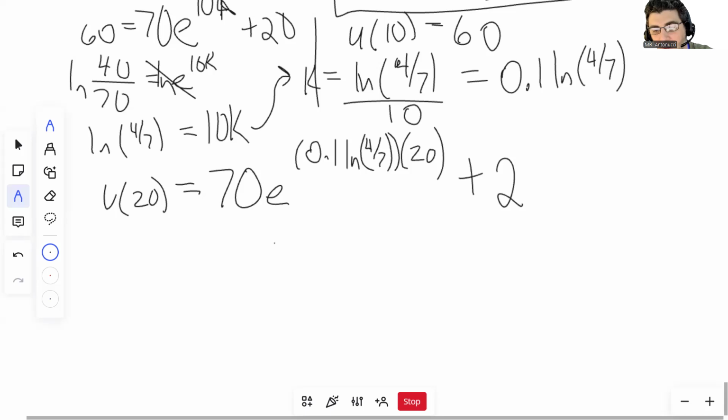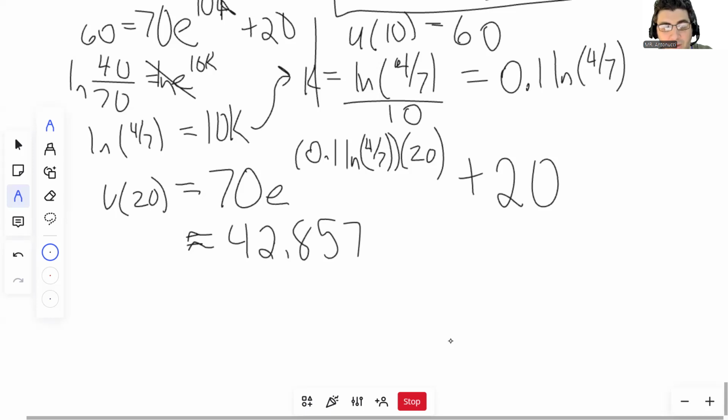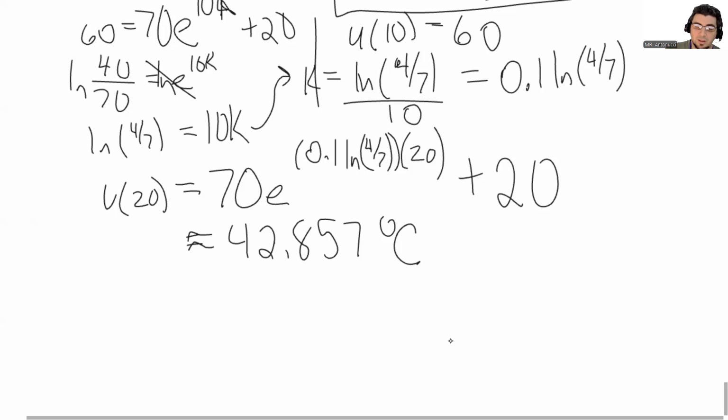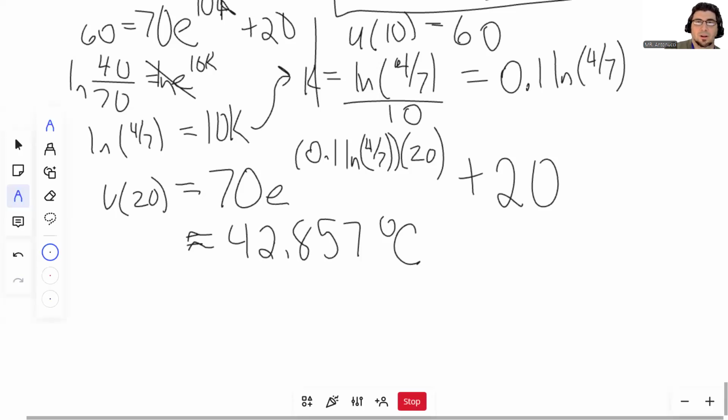Now, if you dump that into Desmos, you should get approximately 42.857 degrees Celsius. So after 20 minutes, the temperature of the object is 42.857 degrees.